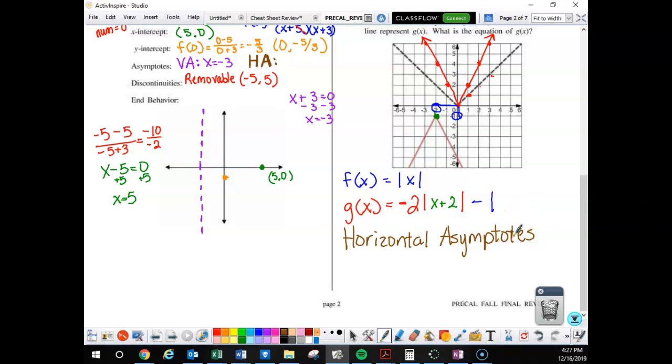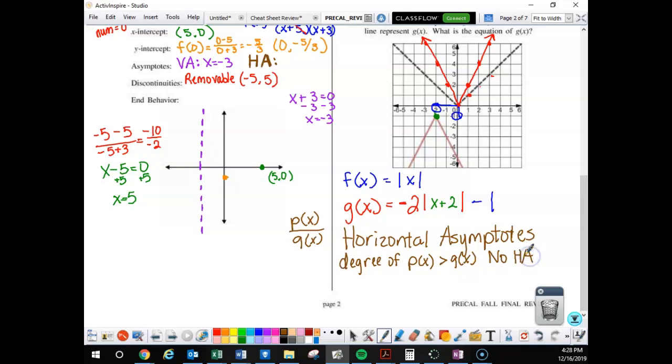If I have a rational function p of x over q of x, if the degree of p of x is greater than q of x, then there's no horizontal asymptote.